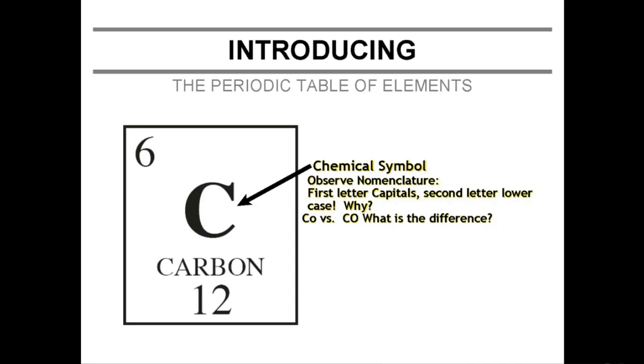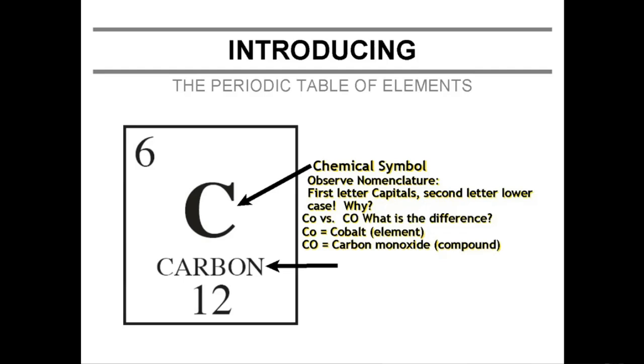Co is indeed an element we call cobalt. It's a metal. And the other CO with both capitals is actually a gas. It's a compound we call carbon monoxide. So watch these nomenclatures when you type things up. Do you mean a compound or an element as you put those together?